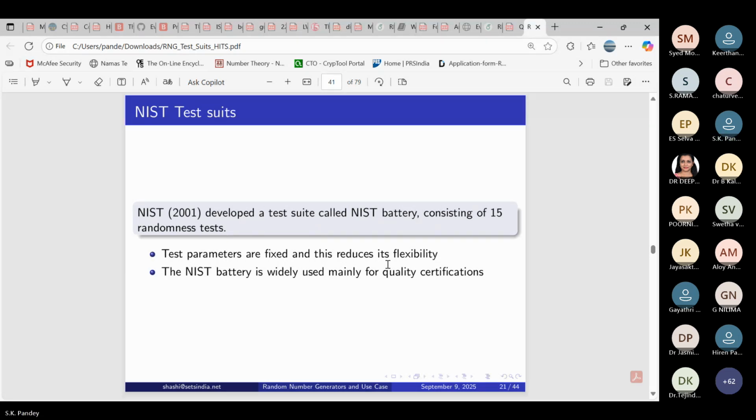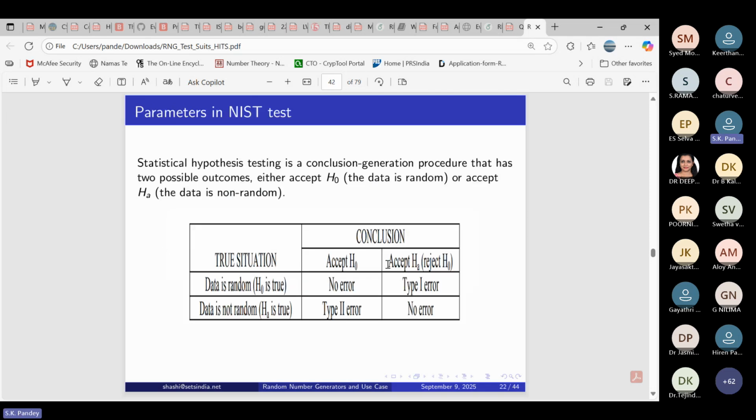It is widely usable because NIST has standardized it, and in terms of so many standards, people follow it to verify the randomness of a generated file. Basically, what the parameters in the NIST test suite are, we can see using that table.